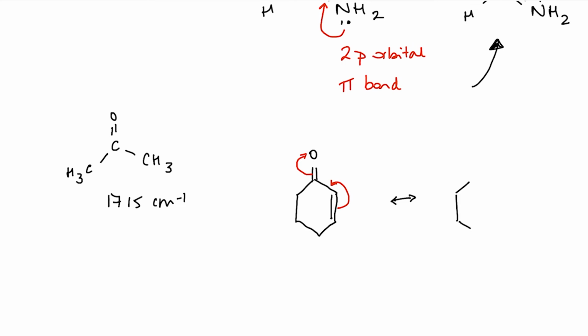And once again, as we will see, this resonant form has got a single bond to the oxygen, and single bonds are a little longer, a little weaker than double bonds, and as a result, they're going to vibrate at a lower wave number. The wave number for this one actually turns out to be 1680. So it's a fairly significant effect that we're seeing here.